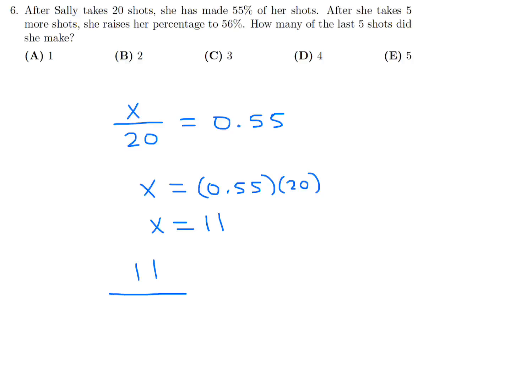And then she's going to take another 5 shots. So the denominator becomes 20 plus 5. And on the numerator, we don't know. That's what we're trying to figure out. I'll just write S for shots.